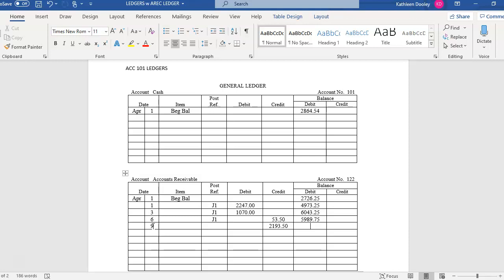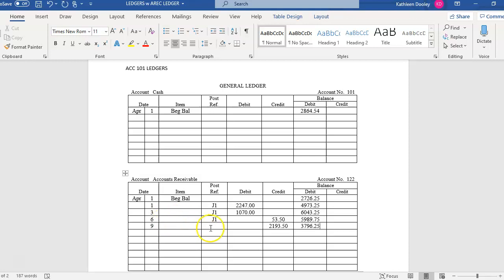And again, the previous balance is debit, this is credit, so I'm going to subtract: 59,89.75 minus 2193.50, and that's 37,96.25.